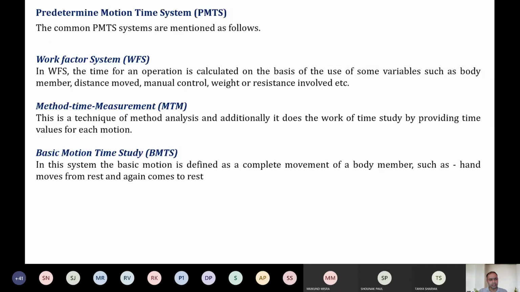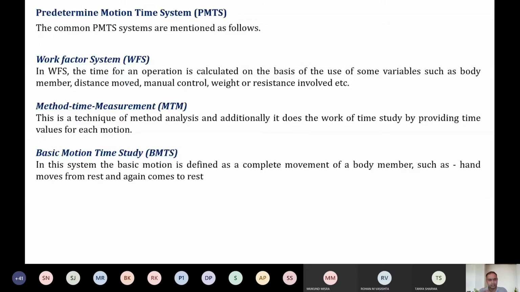Then after that we have BMTS, that is basic motion time study, where we take the movement of each and every individual part of the human body which is involved in doing a job. As I told you, the hand movement, like I lift the hand and I again bring it to rest. So that is a trembling code for this, or the PMTM score is for this.